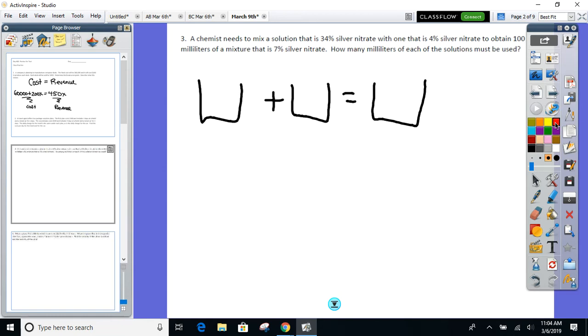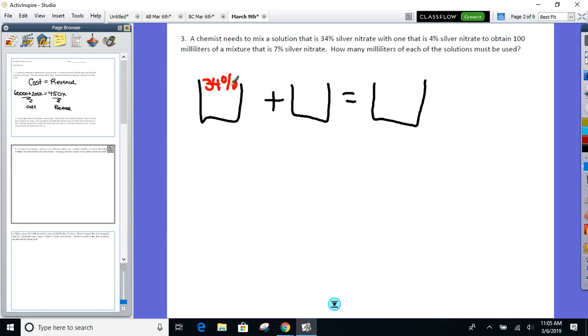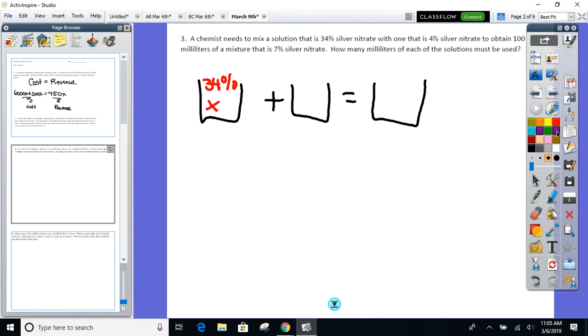All right, first one. What's the percentage on the first one? 34%. So I got to put the 34% in here. Do I know how much I have? That's what I'm trying to find, so I'm going to call that X. Plus, next percentage, 4%.